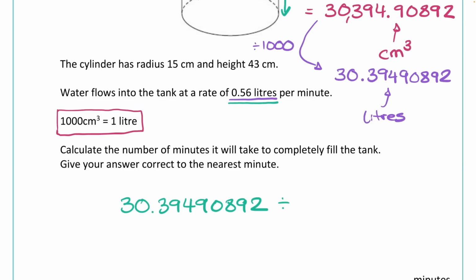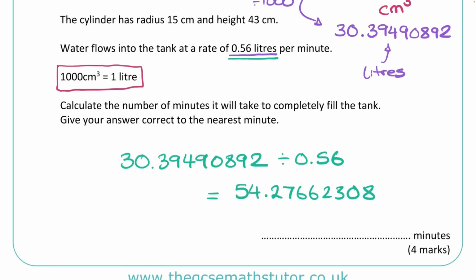So I'm going to divide that by 0.56. So I'm going to just, on my calculator, press divide by 0.56. And that comes out as 54.27662308 minutes. Now the question here does say to give your answer correct to the nearest minute. So it's 54 minutes. After that is a 2. So my final answer would be 54.